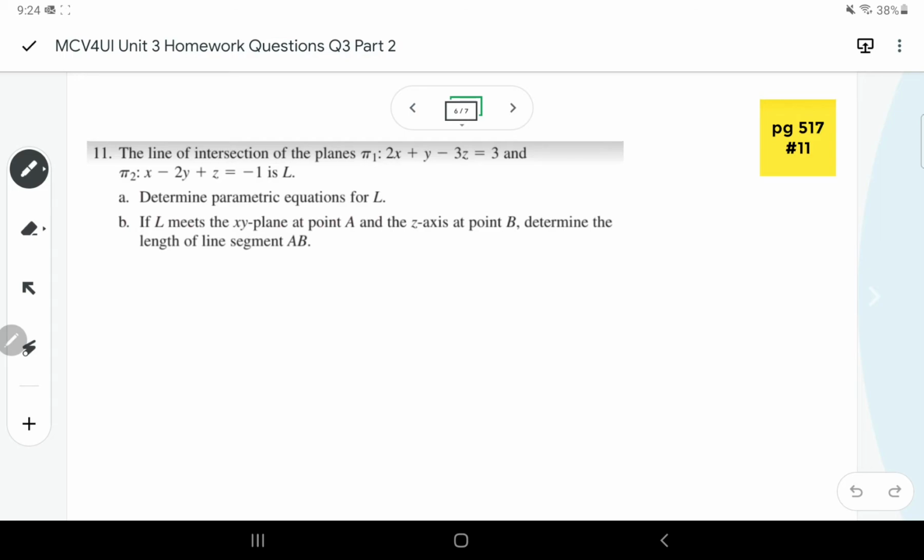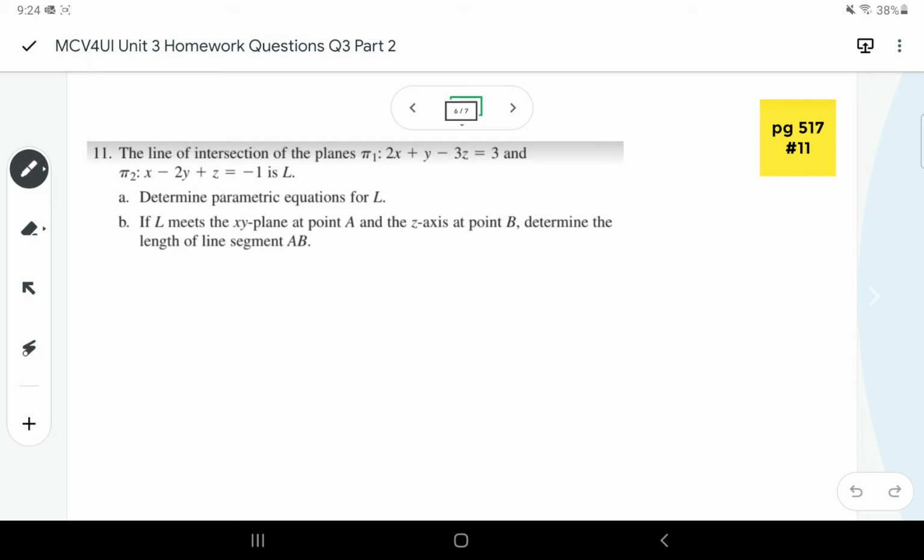Number 11, the line of intersection of the planes given here is L. And we want to determine parametric equations for L. So we know that if we are trying to figure out the equations of the intersection of planes, we can't find one specific equation.